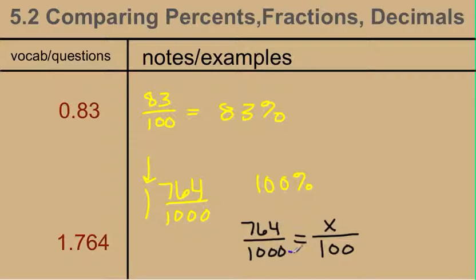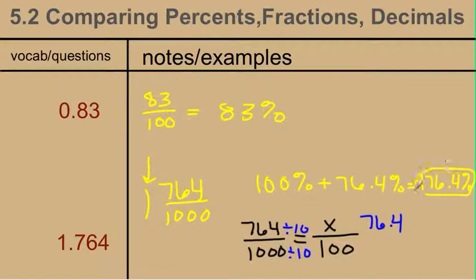To go from here to here, I divide by 10, and from here to here, I divide by 10. So I have 764 divided by 10, which is 76.4. So now I have 100 plus 76.4 percent, and that's 176.4%. Does that make sense? Yeah, it's okay to have a percent that's bigger than 100.